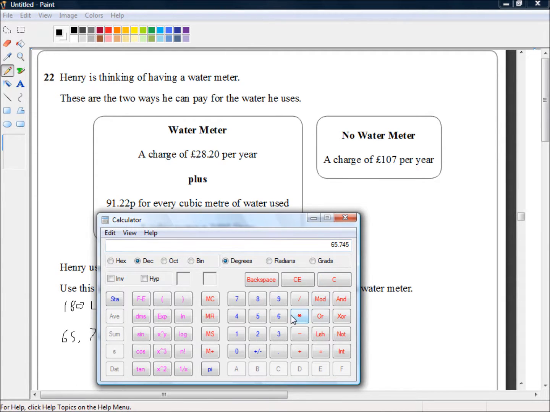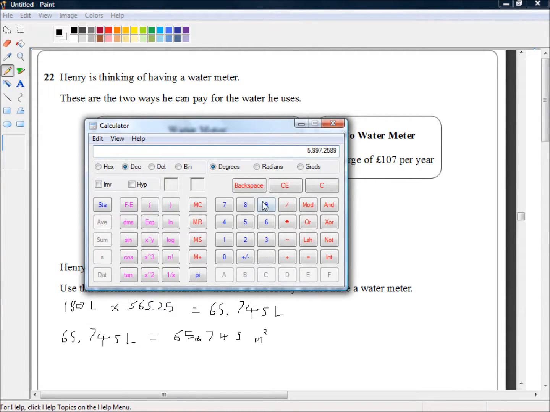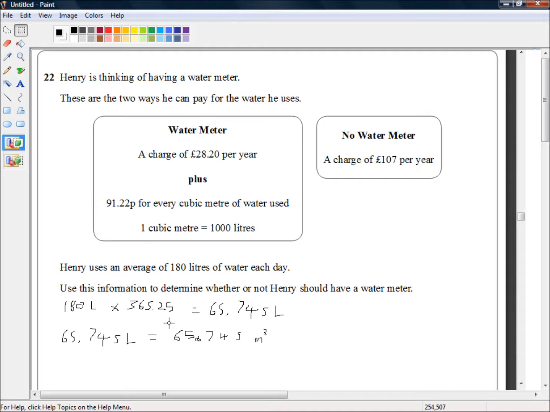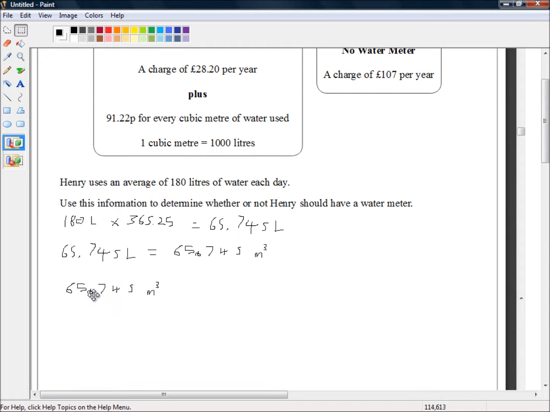So if I multiply that by 91.22 pence, we get 5,997.2589 pence. So that's 5,997 pence. So if I copy this and paste here, we're basically just showing our working out.